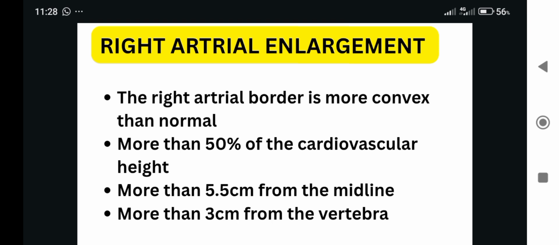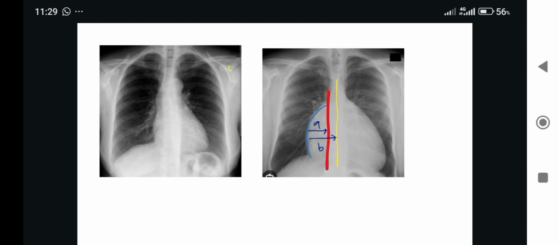We'll look at how to do that. Then it should be more than 5 to 5.5 cm from the midline. The last but not the least feature is that it should be more than 3 cm from the vertebrae. Let's look at how to detect or determine these things we've just mentioned.